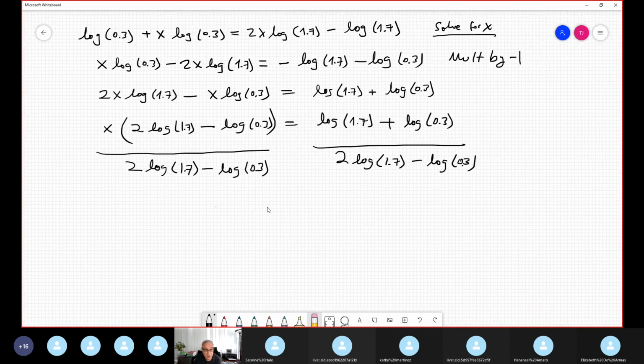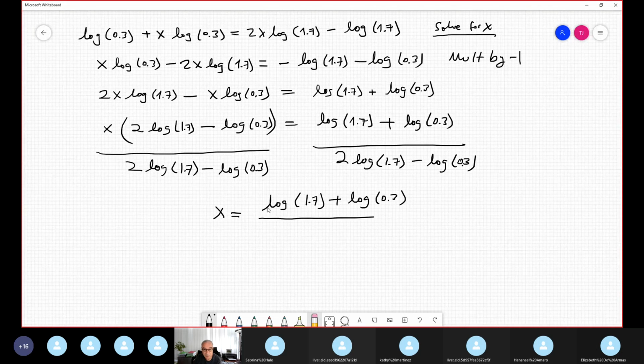So x is equal to logarithm 1.7 plus logarithm 0.3 over 2 times logarithm 1.7 minus logarithm 0.3.